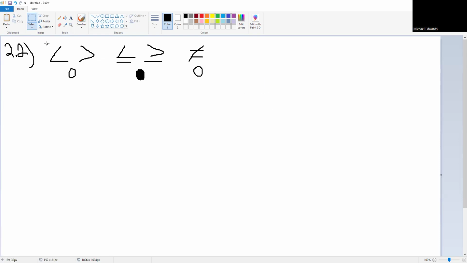Now, I want to go over the more complex interval notations. It's actually not that complex. Let's say we had -2 is less than x, which is less than 3. The way we would write that in interval notation is just -2, 3.